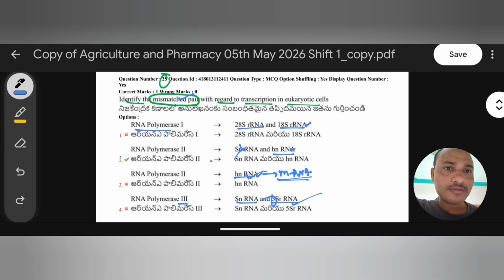So here the second is the mismatched pair. Why? Because hnRNA is there, but it is asking snRNA, and snRNA is synthesized by RNA polymerase 3. Hence this word makes this statement completely wrong. If there were no snRNA, only hnRNA, the statement would be right. So this one is wrong.